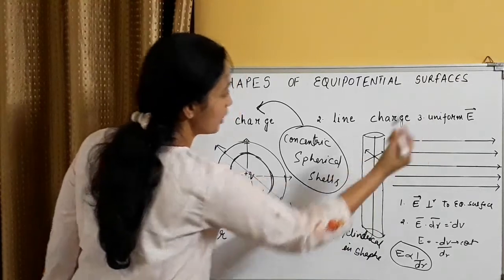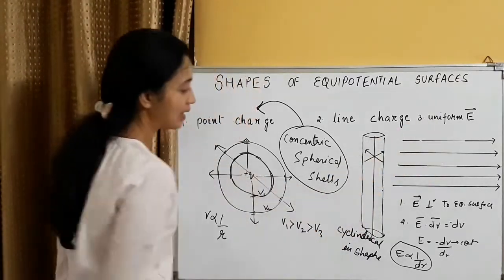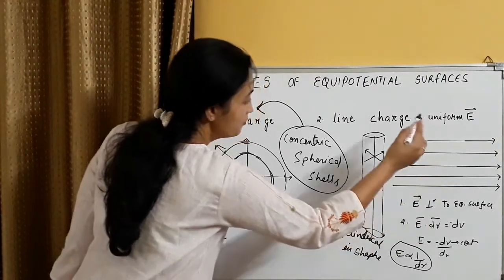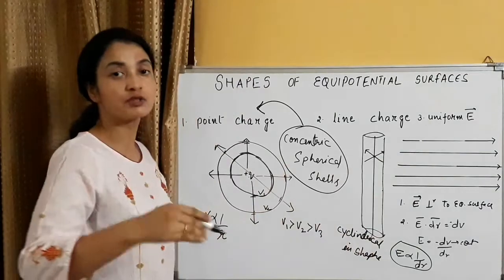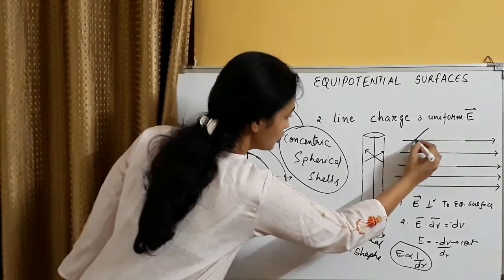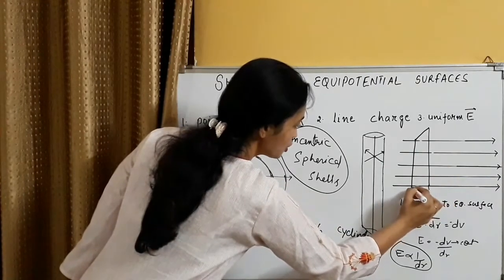Then the third situation is uniform electric field, represented by equispaced parallel lines. Then we have to draw the electric field. We know that the equipotential surface will be perpendicular to it. So if we choose some points and draw perpendiculars to it, we get planes of this shape.